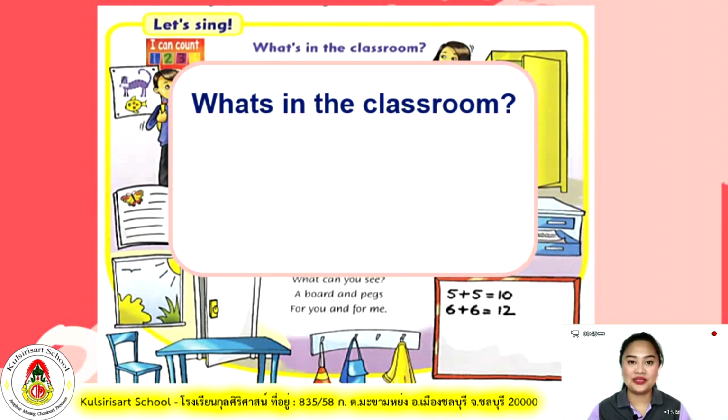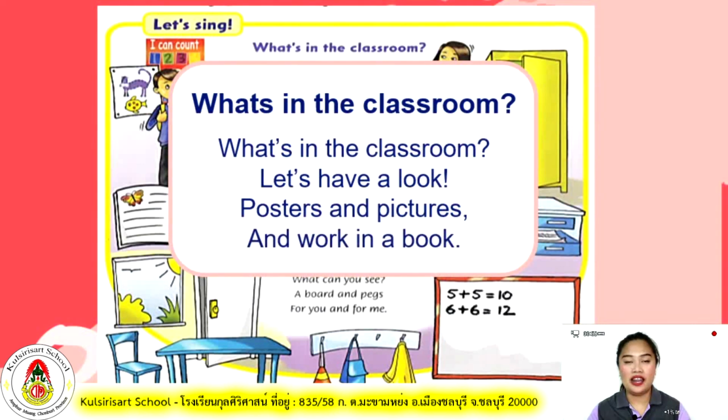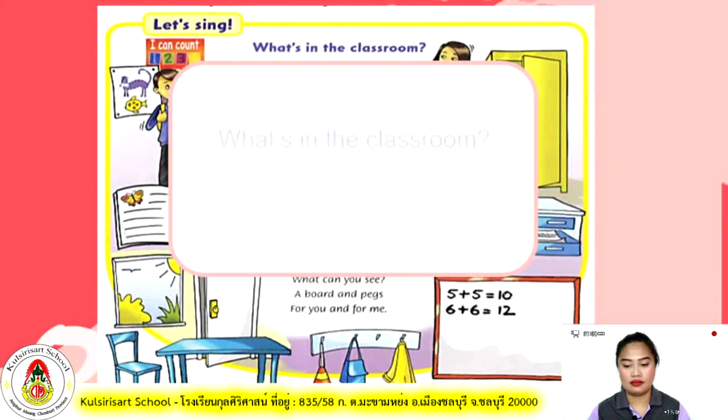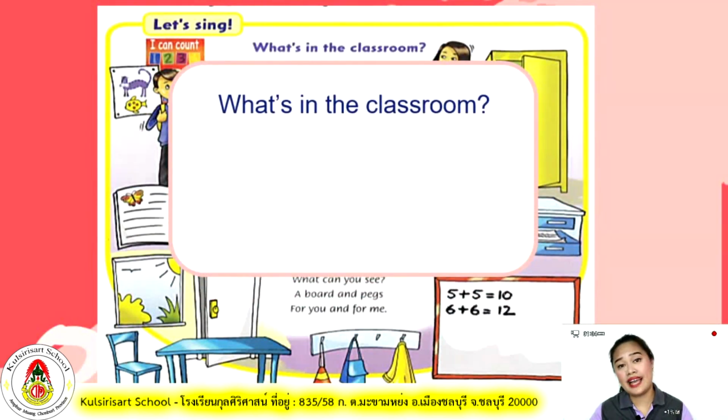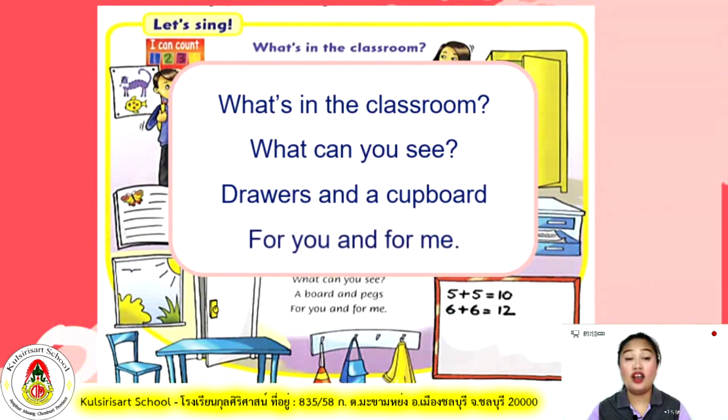What's in the classroom? What's in the classroom? Let's have a look. Posters and pictures and work in a book. What's in the classroom? What can you see? Drawers and a cupboard for you and for me.